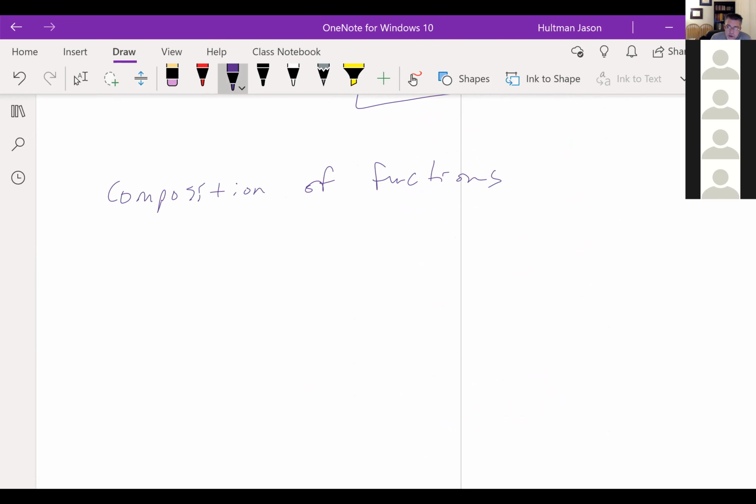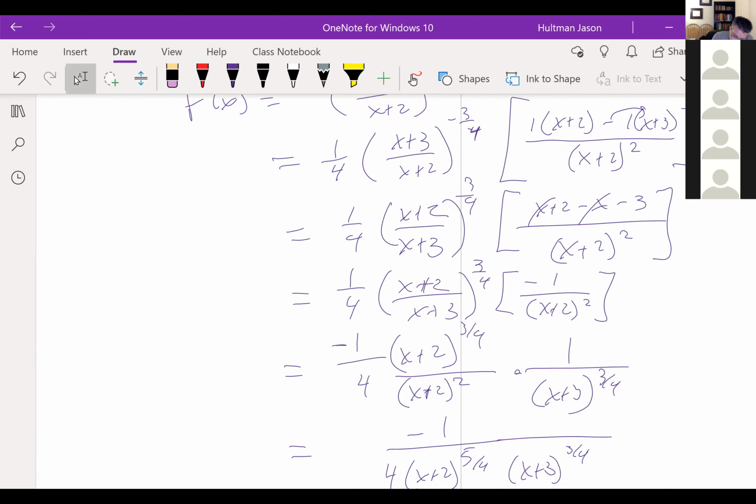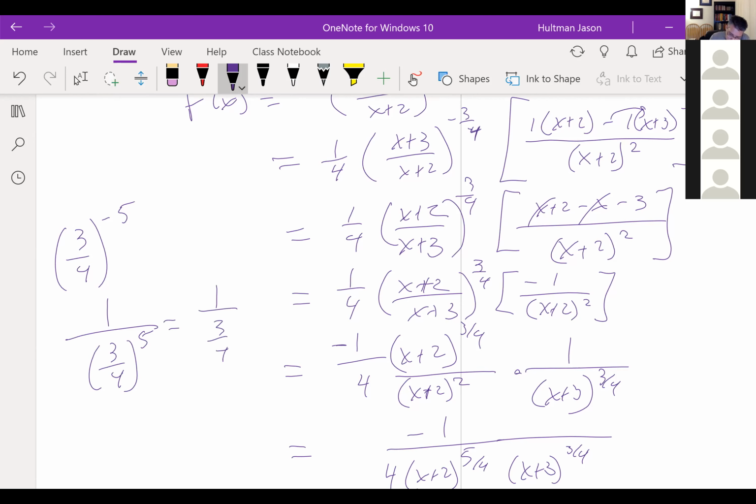How did the 3/4 become positive? Yeah, it's kind of an algebra trick there. If I do 3/4 to the negative 5th power, right? Well then, how can I relate this? Well, this is going to be 1 over 3/4 to the 5th power, right? Which is equal to 1 over 3 to the 5th over 4 to the 5th, right?